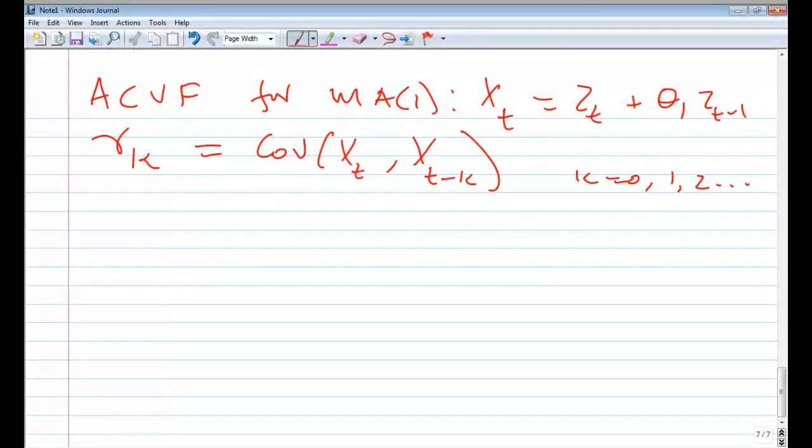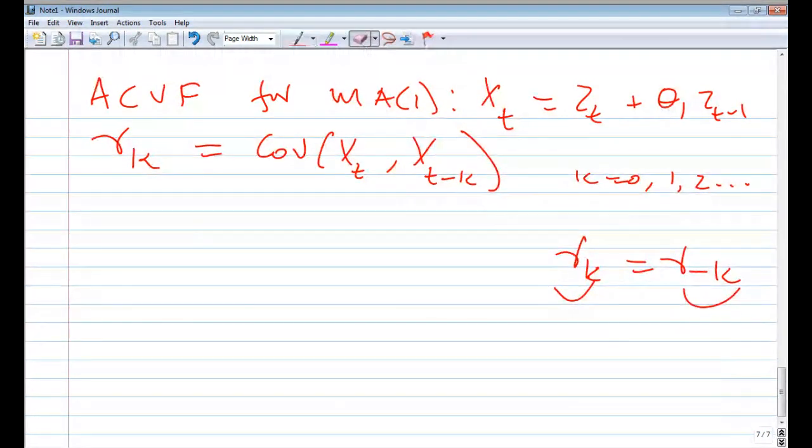Sir, come again, is it T minus K or T plus K? Yes, you can use T plus K or T minus K. It's the same thing. You're going to get the same answer. You still remember the properties of the covariances, where I said gamma K is equal to gamma of minus K. You can use gamma K or gamma of minus K. It's the same thing.